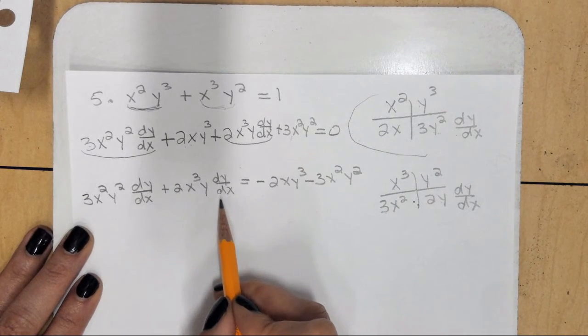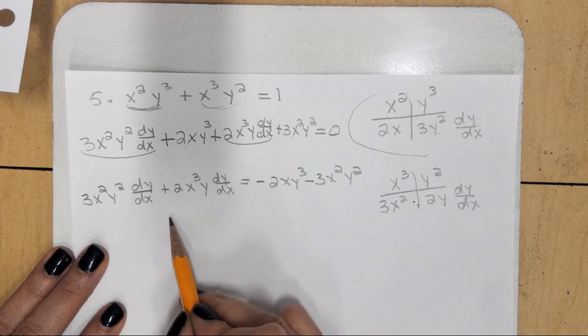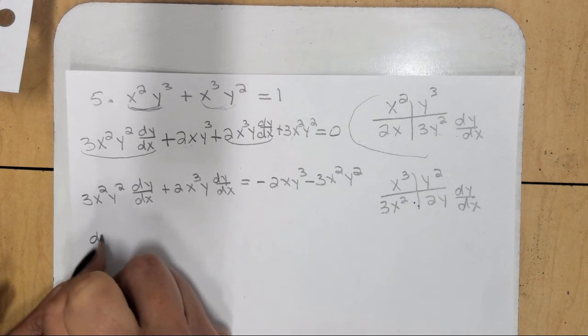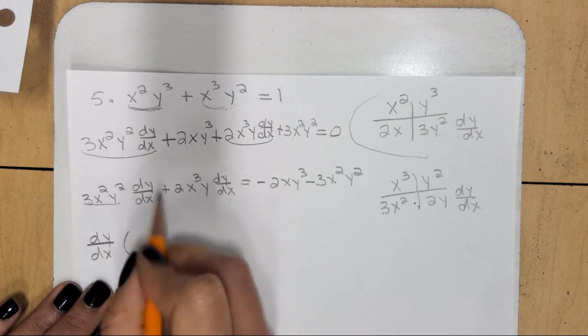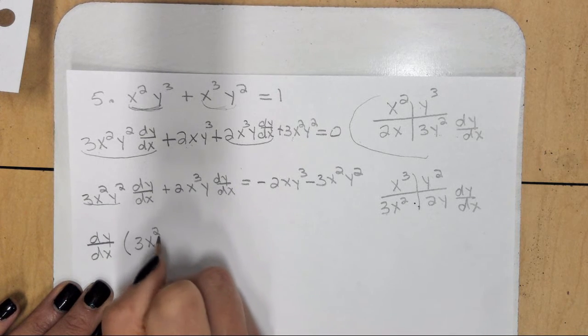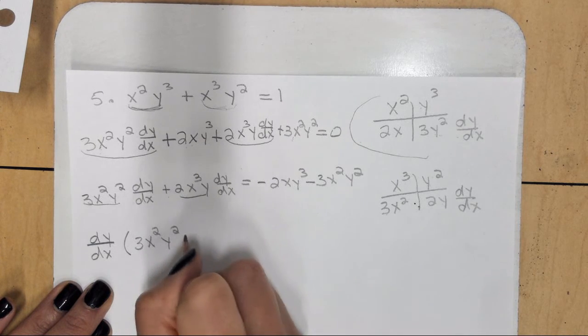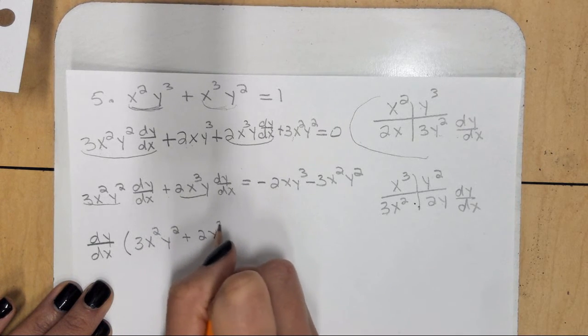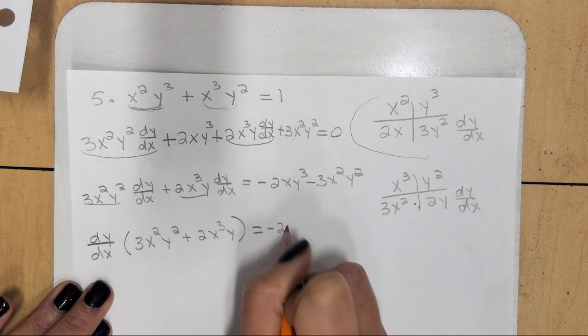So now I have the dy dx's on the left, everything else on the right. Since I want dy dx by itself, I will factor him out. And what am I left with? 3x squared y squared plus 2x cubed y equals this whole thing still.